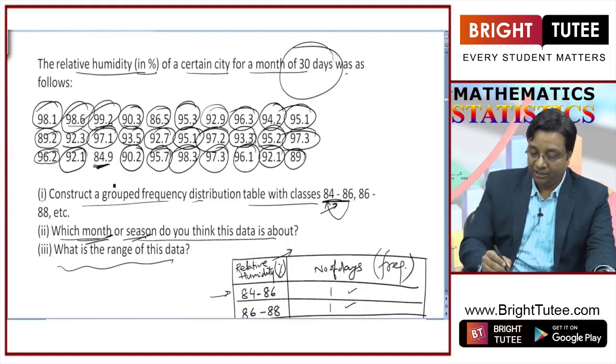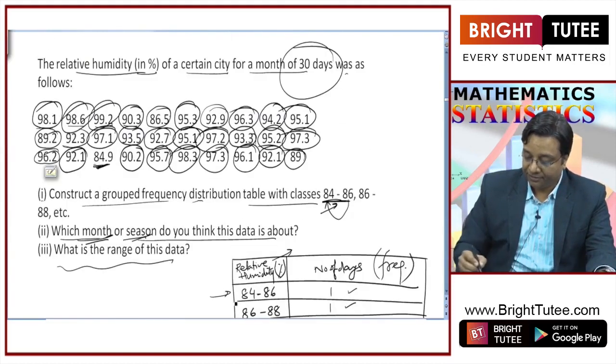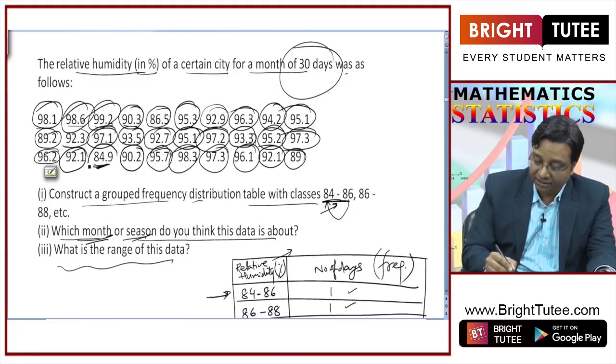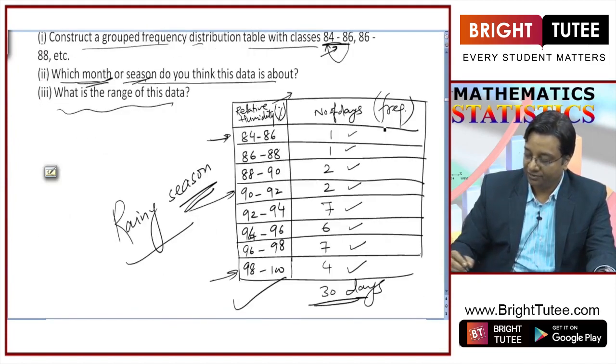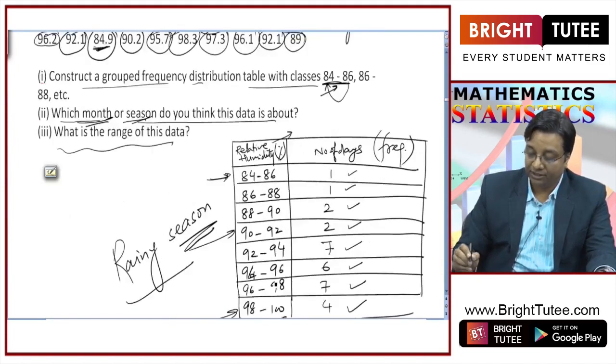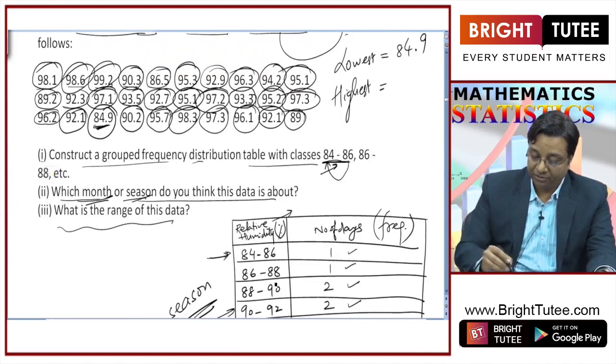So which was the lowest? Obviously it was between 84 to 86, and there was only one such number, that is 84.9. So lowest we have is 84.9, and what is the highest? Highest will obviously lie between 98 to 100. So let us look for those numbers.